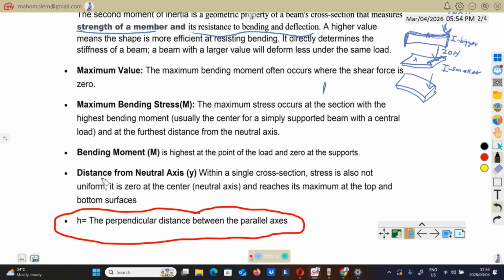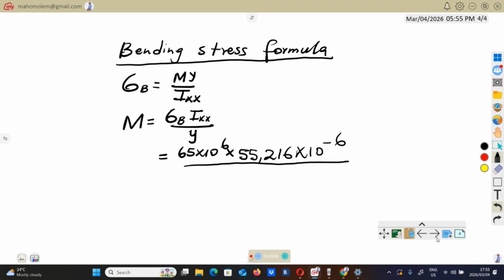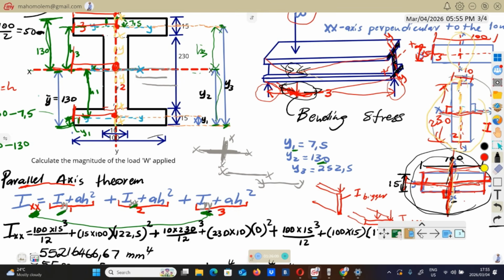So y is this one. Y is the distance from the neutral axis, meaning this centroid.